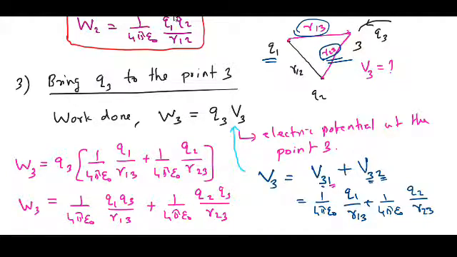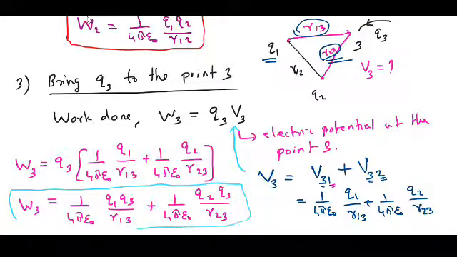This is the amount of work that has to be done to bring the third charge to the point 3. After knowing this work, we do the work on the charge Q3 and bring it to the point 3. Now our charge 3 is here.